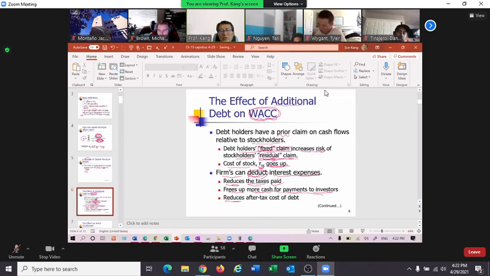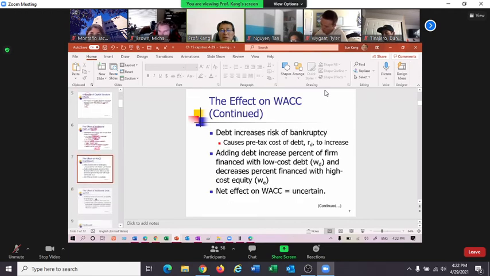So that reduces the after-tax cost of debt, right? Don't forget that: RD times (1 minus T), always after tax, right? So that will go down, right? Because of tax deductibility.